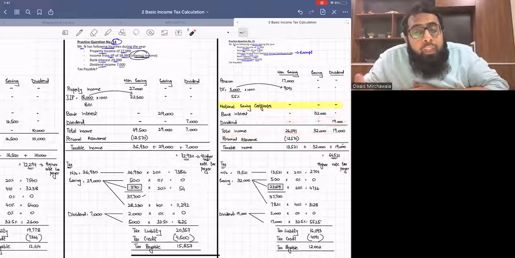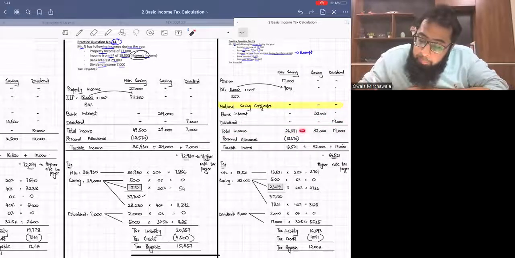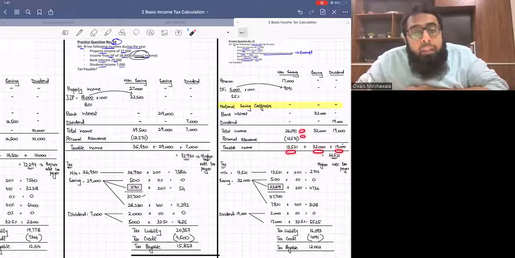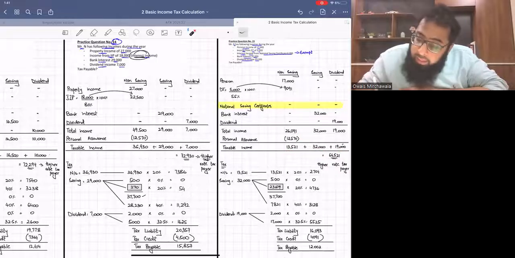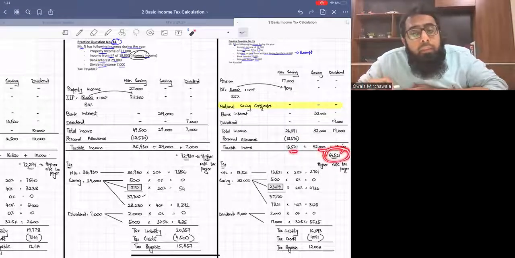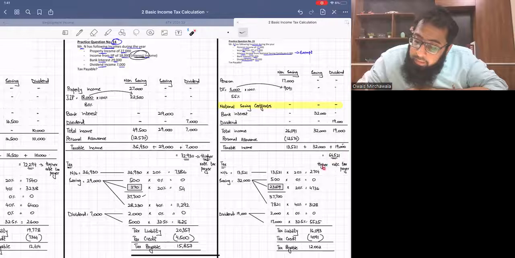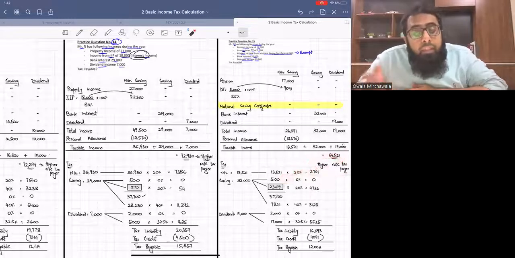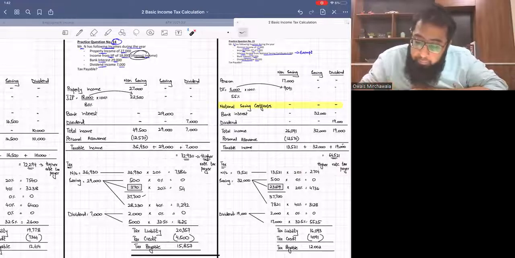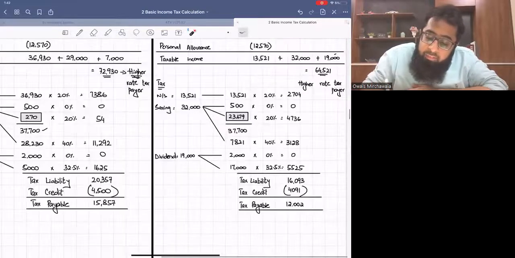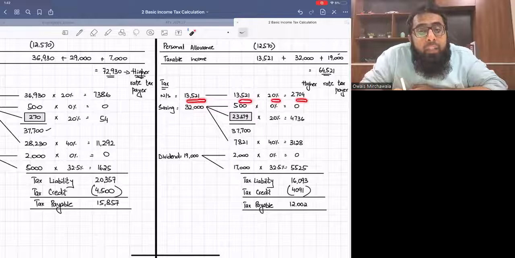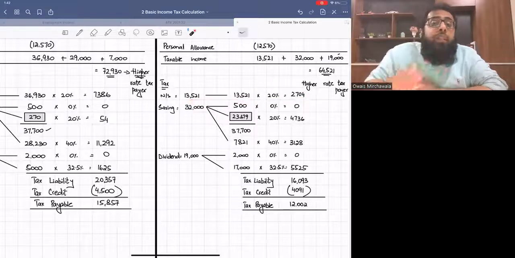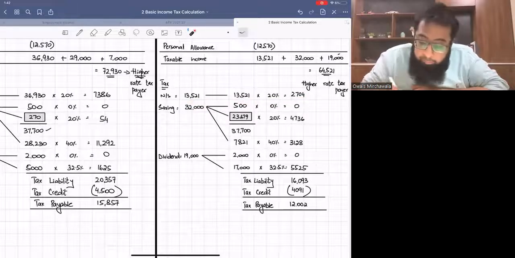We added all of the incomes to arrive at total income, less the personal allowance to arrive at taxable income. We added all the taxable incomes to determine whether we are basic rate or higher rate taxpayer. This is used for 0% band concept of saving income. 13,521 of non-saving goes at basic rate band 20% because it is within 37,700.